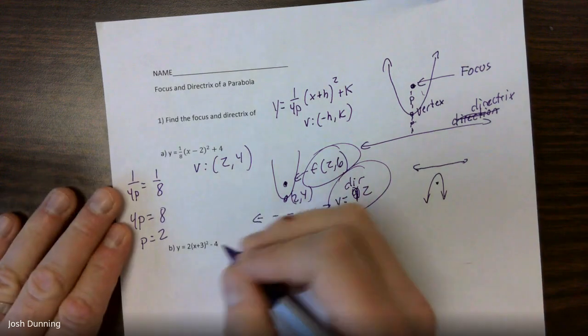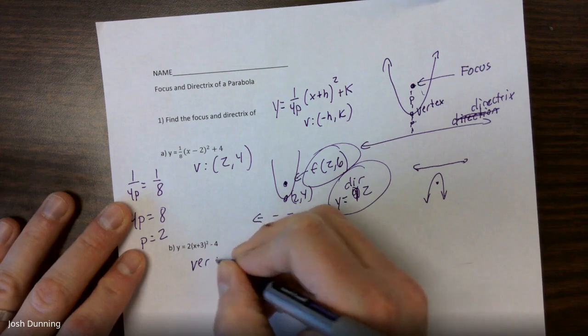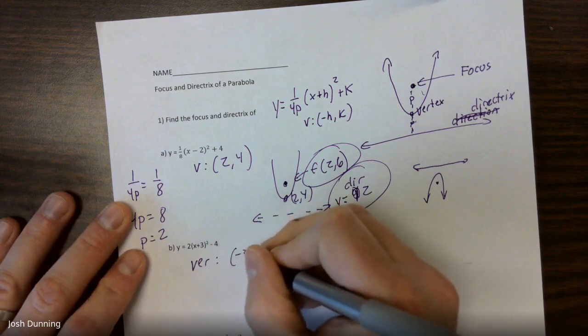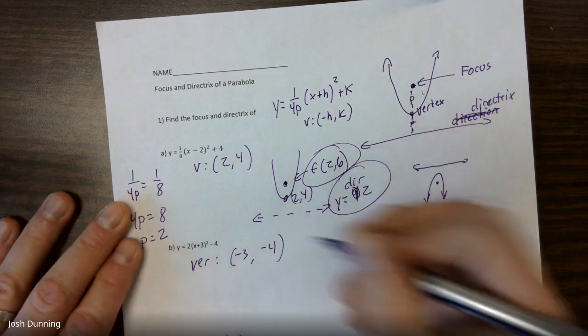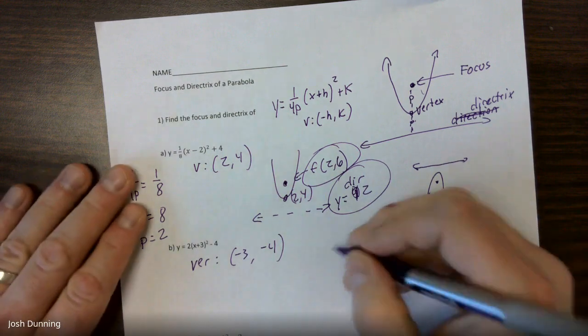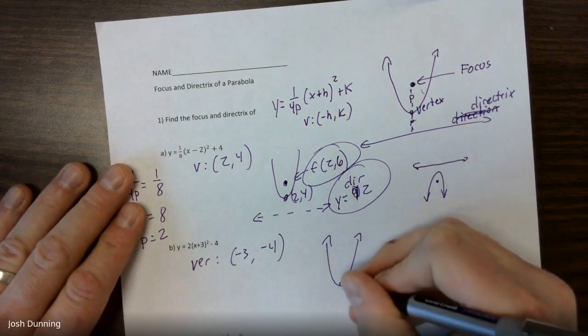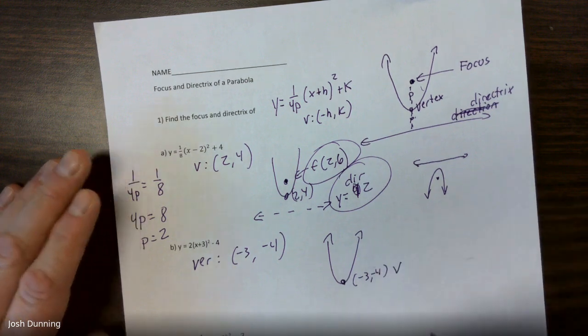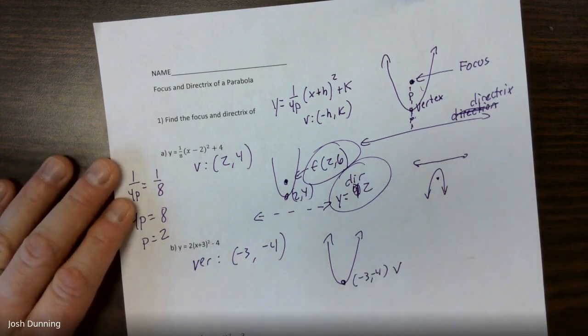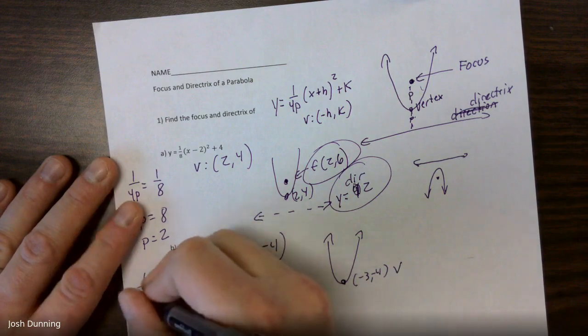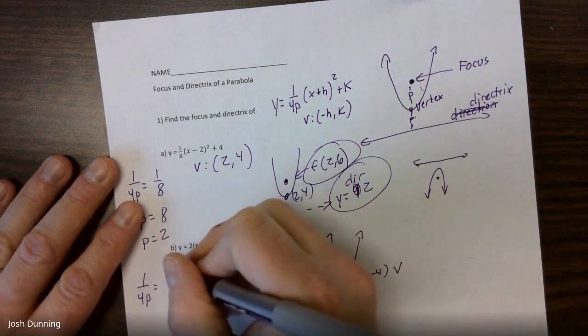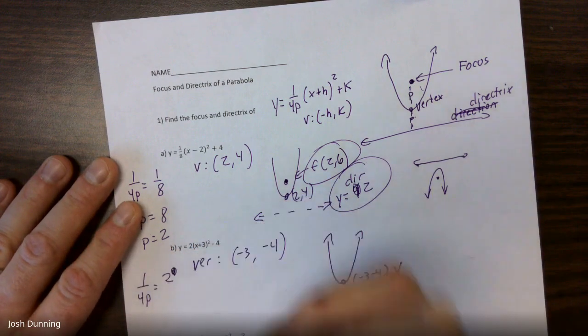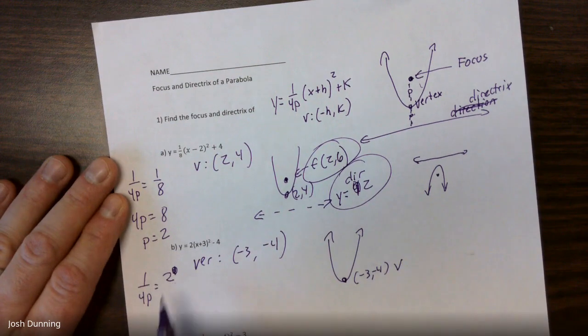So B, same idea. Your vertex, change that sign. Don't change that one. We got to find what P is this time, and it's a little worse now. 1 over 4p is equal to 2.